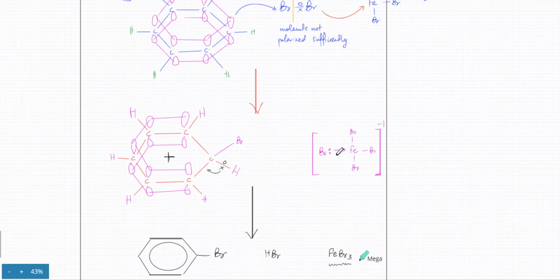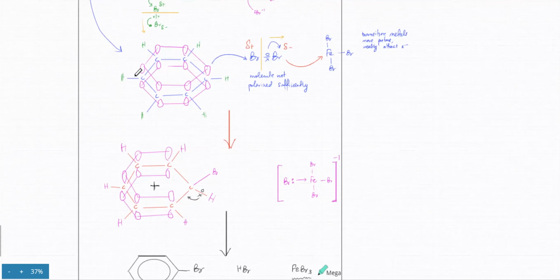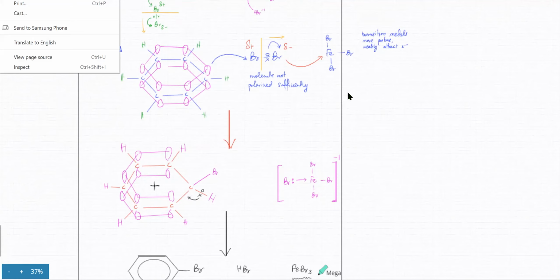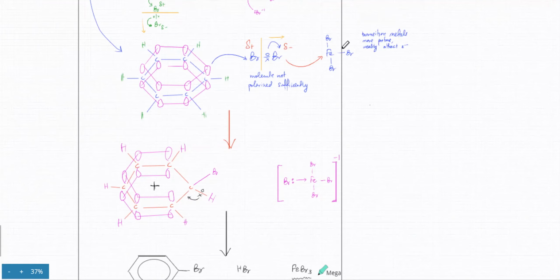So I'm just going to go over this once more. You have a pi electron cloud. It polarizes the bromine molecule, but the bromine molecule is not sufficiently polarized because of the repulsion from the pi electron cloud. So you need an iron catalyst from the other side that pulls the electron. In that way, Br minus 1 breaks off, bonds with FeBr3, and ends up forming a dative bond.